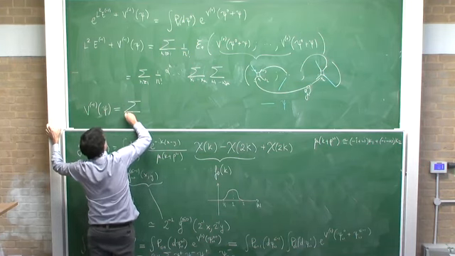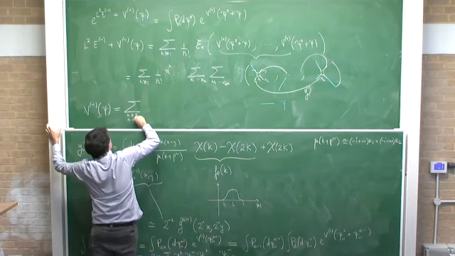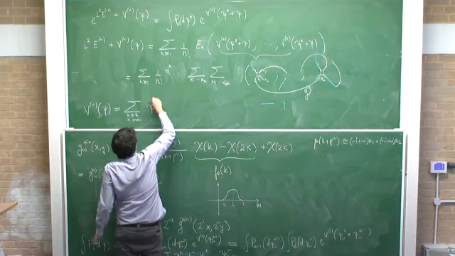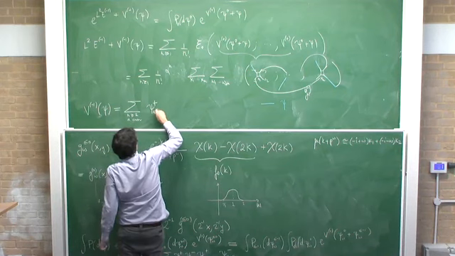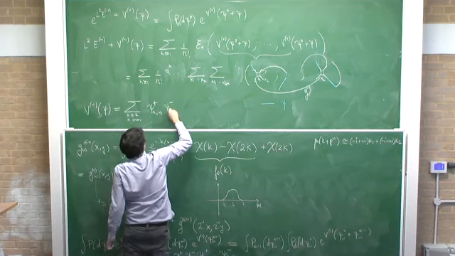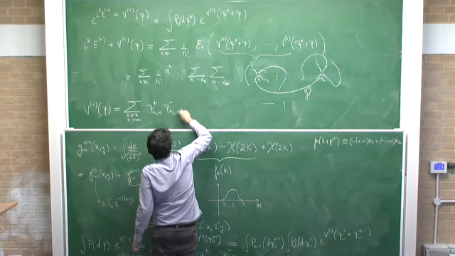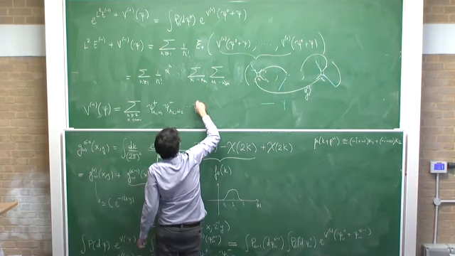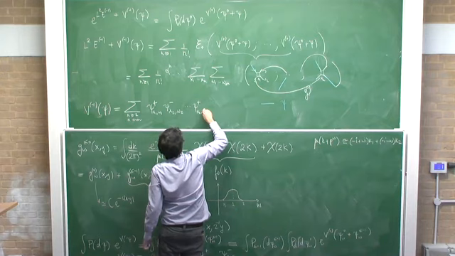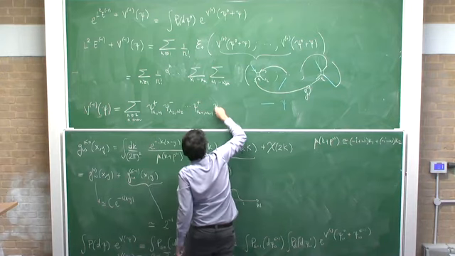So this is n larger than 2 and even: psi plus x1 omega 1, psi minus x2 omega 2, plus xn minus 1 omega minus 1.